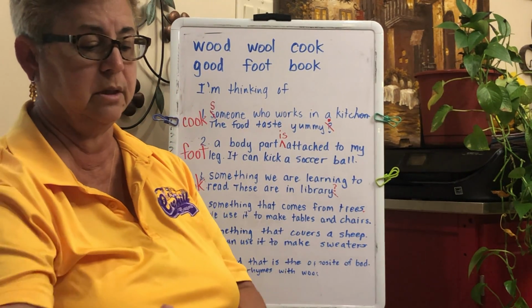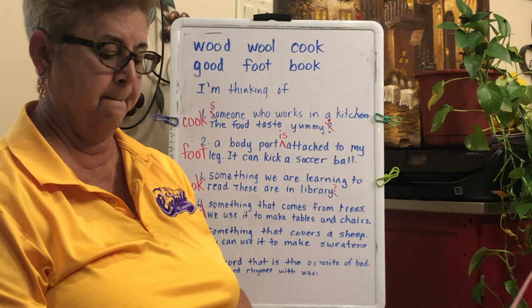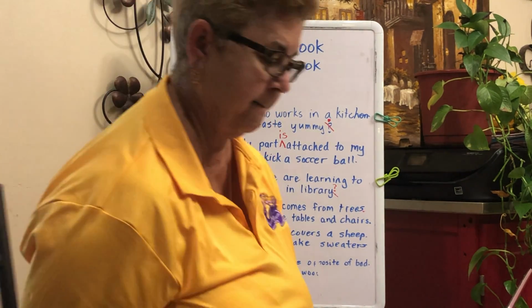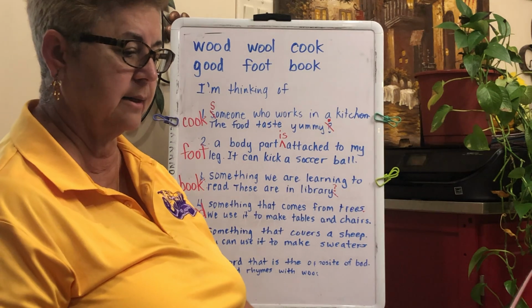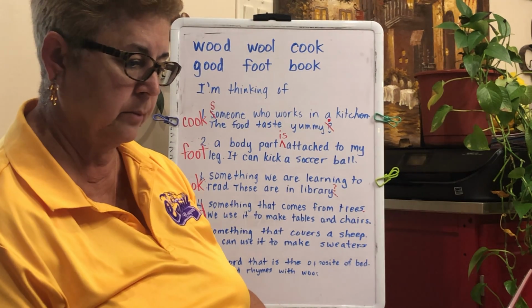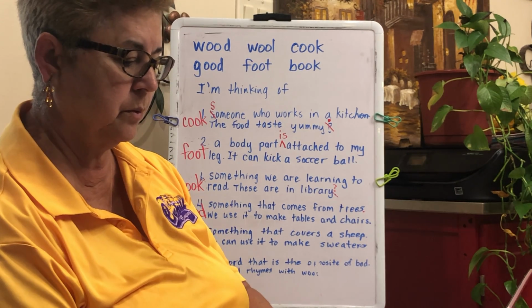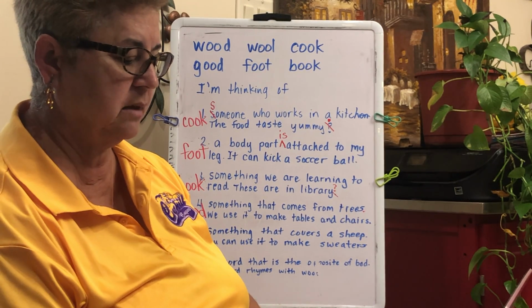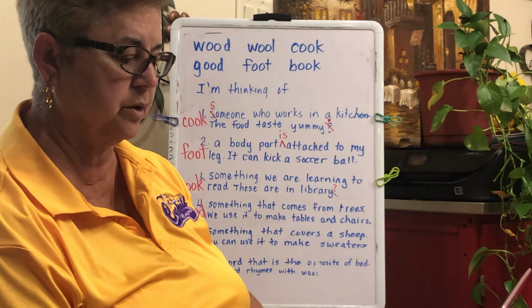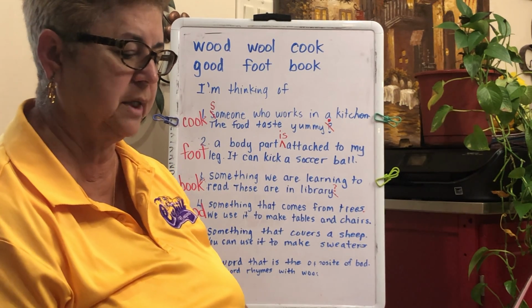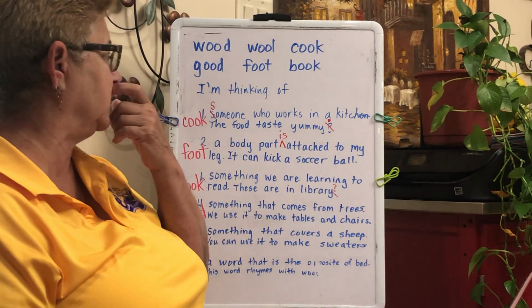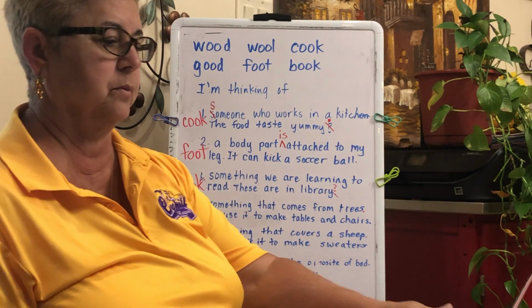Let me put it on here. So you can see it's going to take us a while to do this activity. That's why we're just going to have one story a week, because we're going to do different things. And I'm going to try to include the OO also.